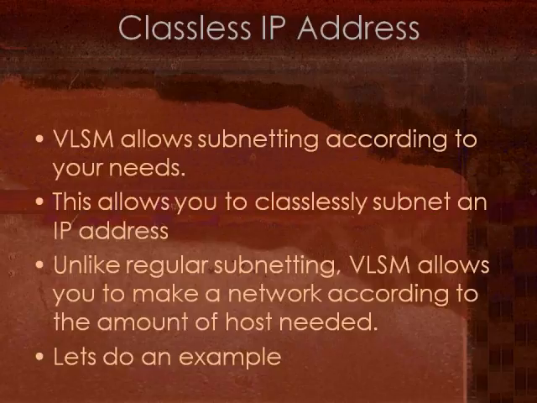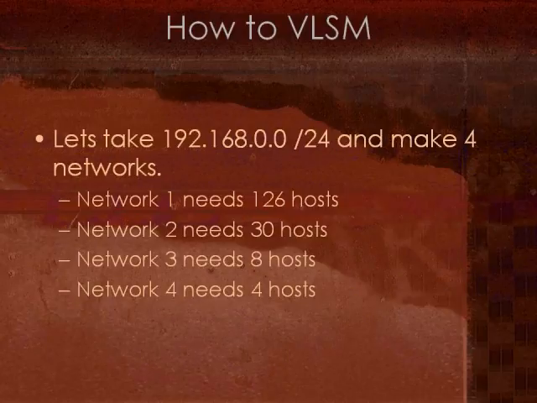I'm going to show you this in an example, and we're going to do a very, very easy example. We're going to take this IP address, 192.168.0.0/24, and we're going to make 4 networks from this.